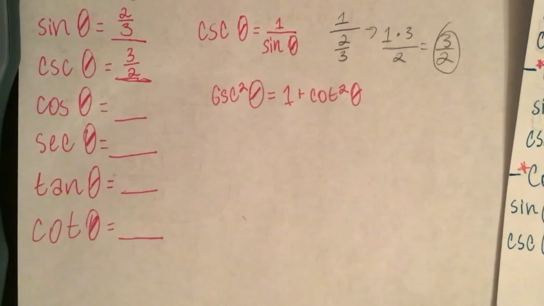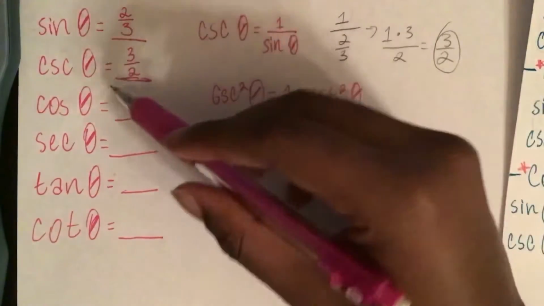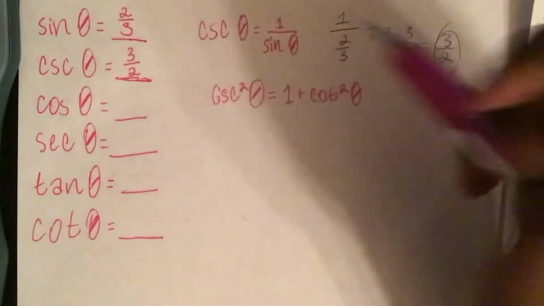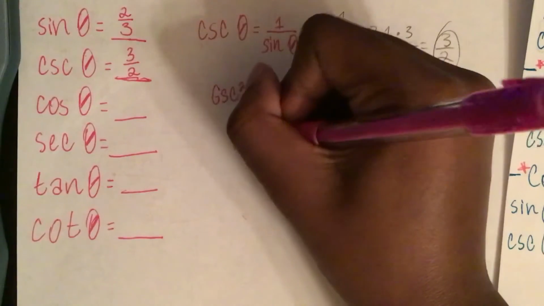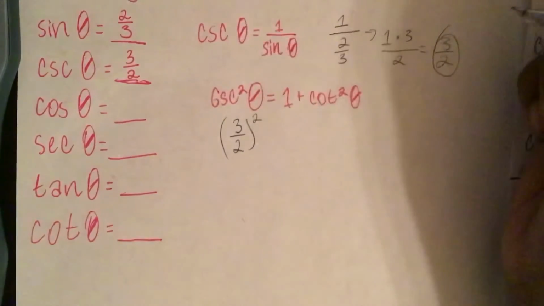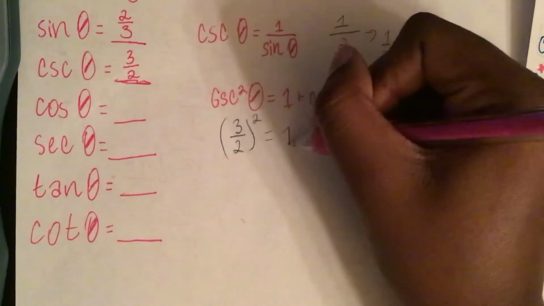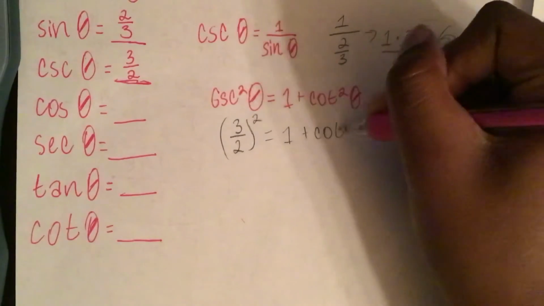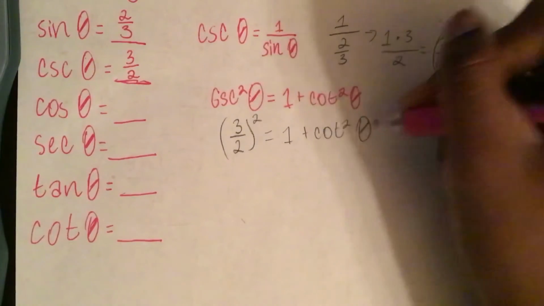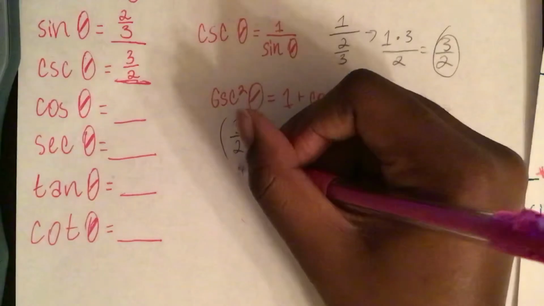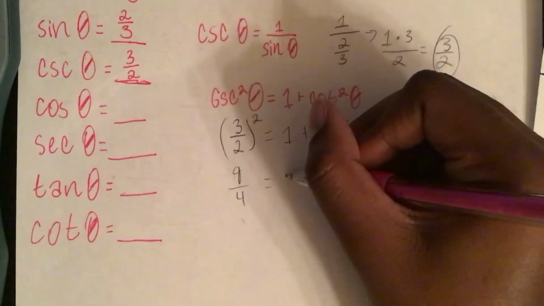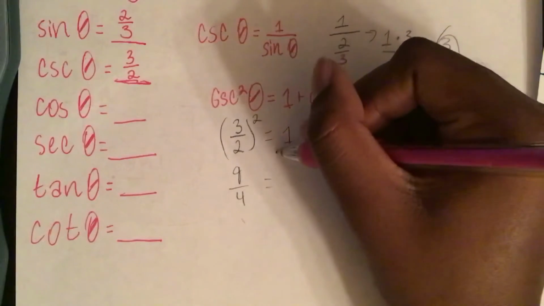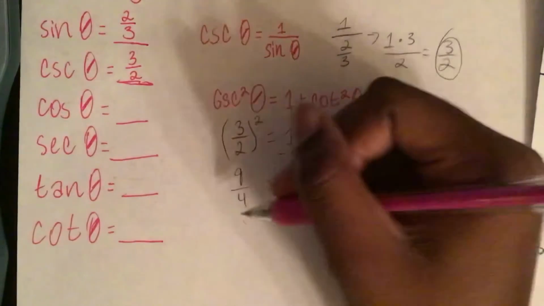So, we know that cosecant is 3/2, so we're already going to put that in there. So that's going to be 3/2 squared equals 1 plus cotangent squared of theta. We solve that. That's going to be 9/4 equals, we're going to subtract the 1 from there.